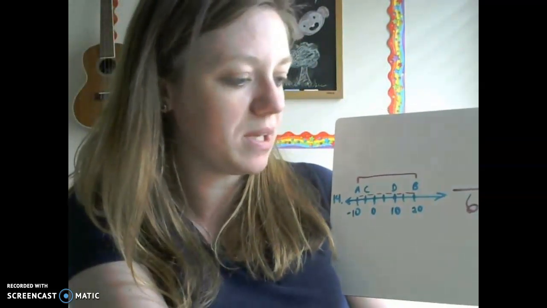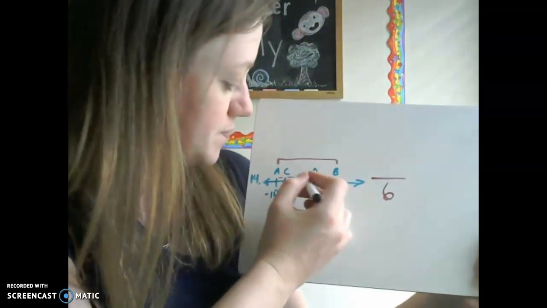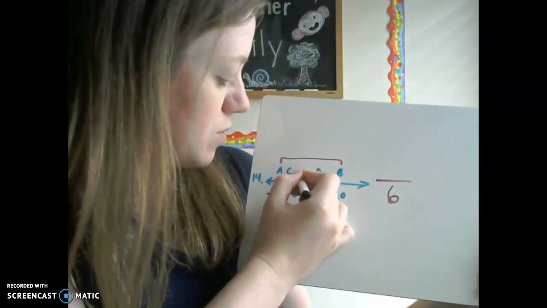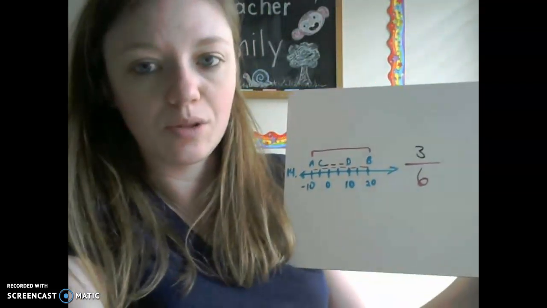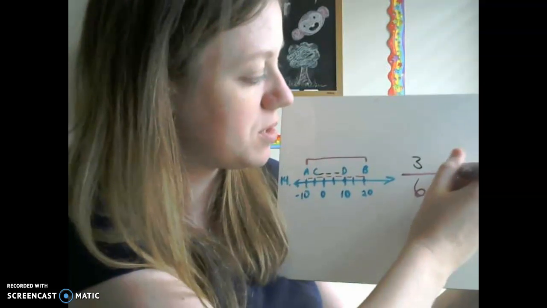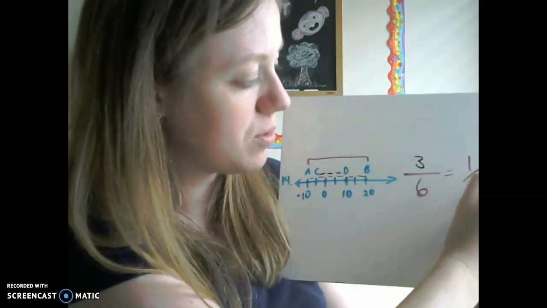Now, what's the probability that the point chosen is between C and D? Well, we need to know how many units are in between C and D. We've got 1, 2, 3. So the probability is 3/6, which equals 1/2.